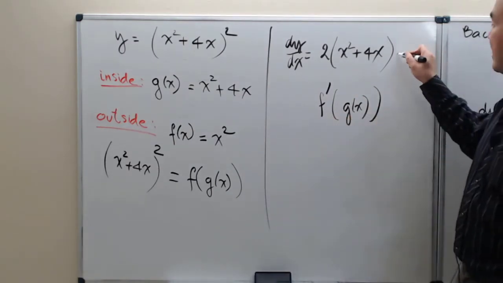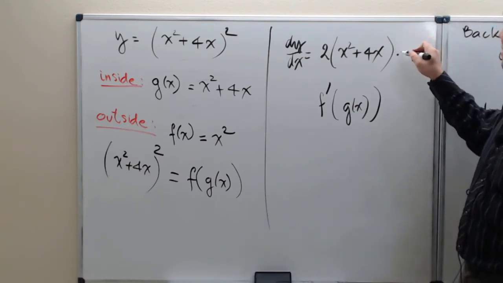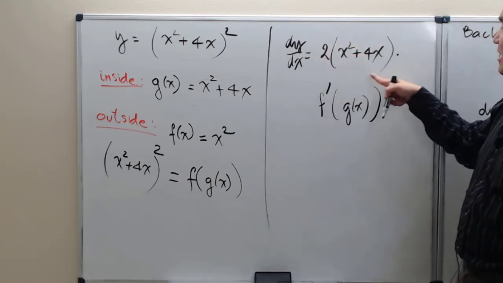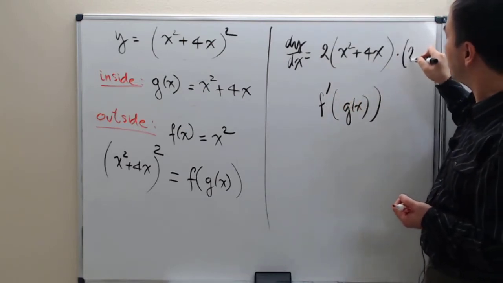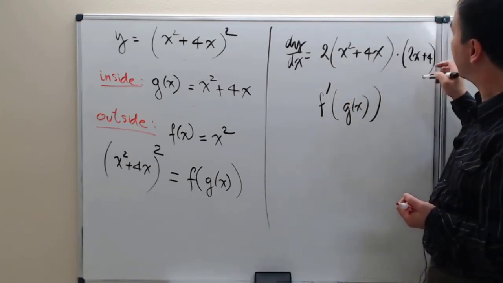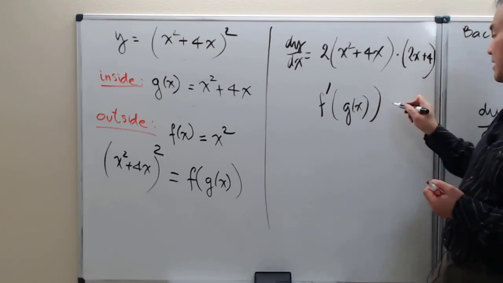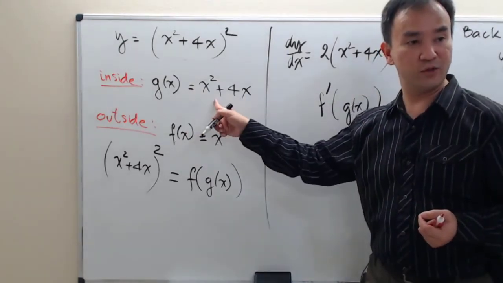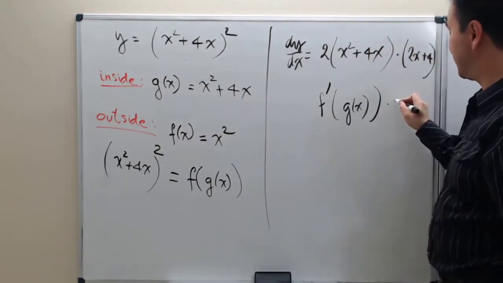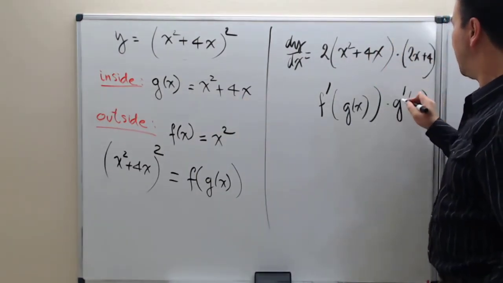And then what I showed in my earlier example was that after the derivative of the outside function, we have to multiply with the 2x plus 4, but 2x plus 4 here is the derivative of the inside function, and the inside function of ours right here is the x squared plus 4x function. So this is the same as g prime of x.